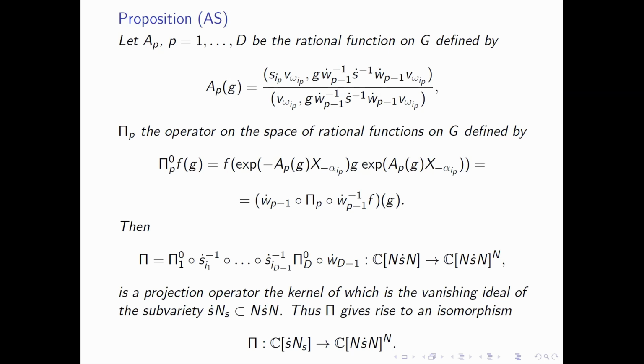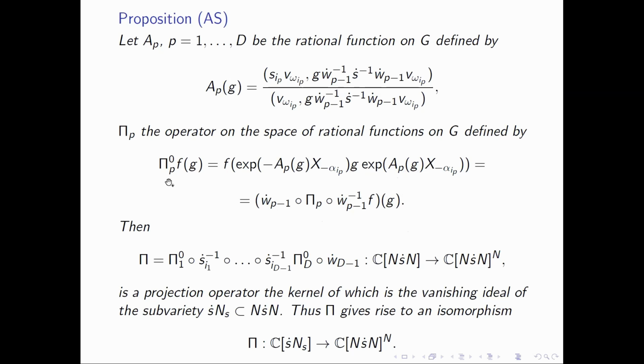So that's why the conjugates of s appear, and I rather prefer to describe the conjugates of my projection operators phi p by these elements, because they will be given by conjugation by some elements of one parameter subgroups corresponding to simple roots.